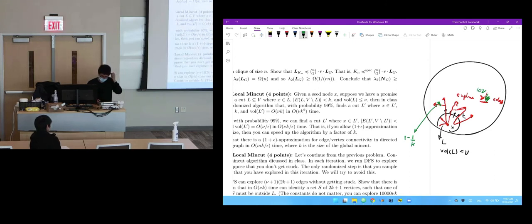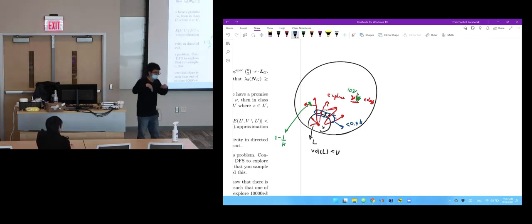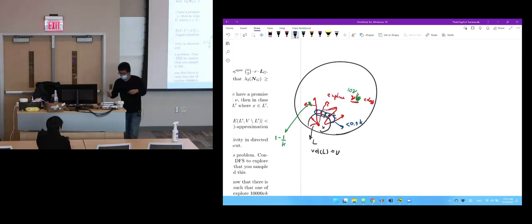It means that if the number of edges here is less than 0.9k, then because if you repeat k times and you get out 90% of the time, you got stuck.